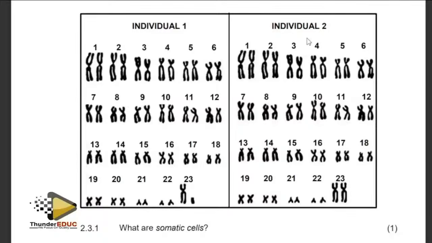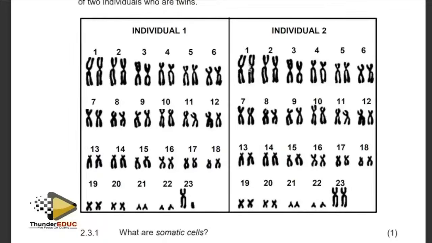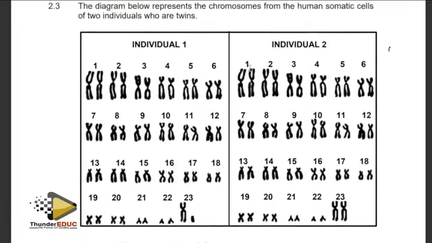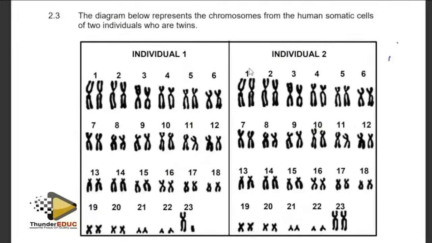Individuals are made up of 46 chromosomes or 23 pairs of chromosomes. 46 is a mark.